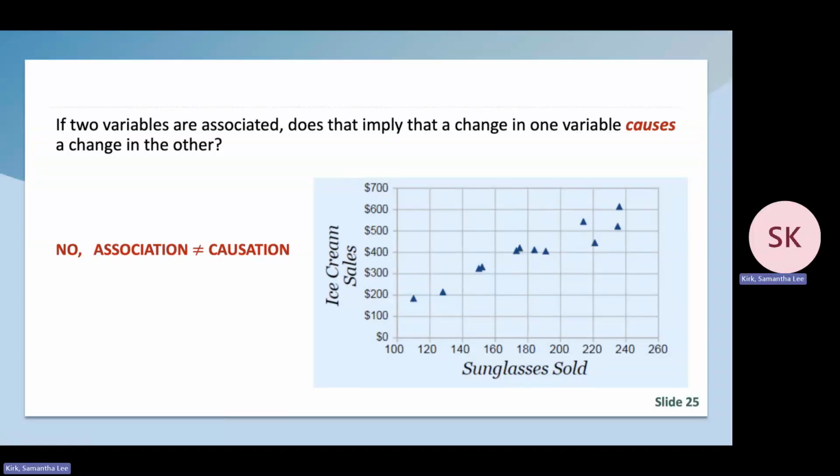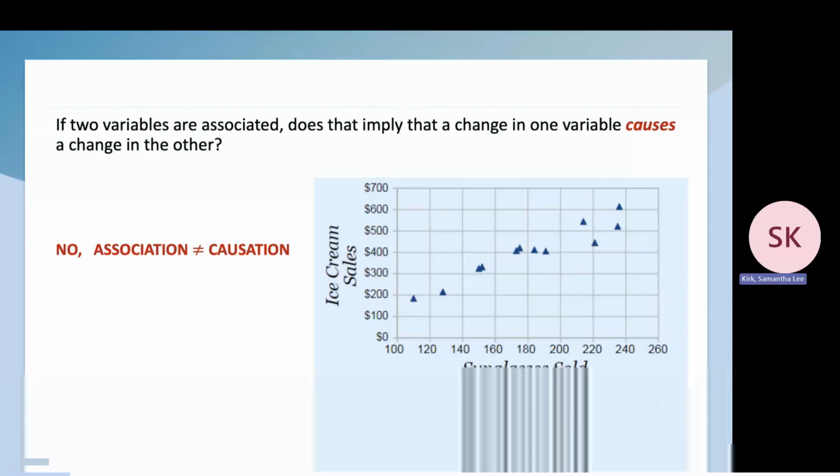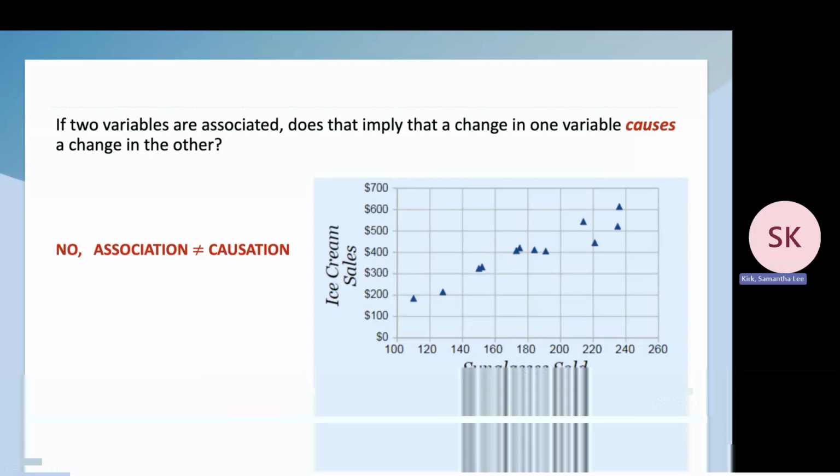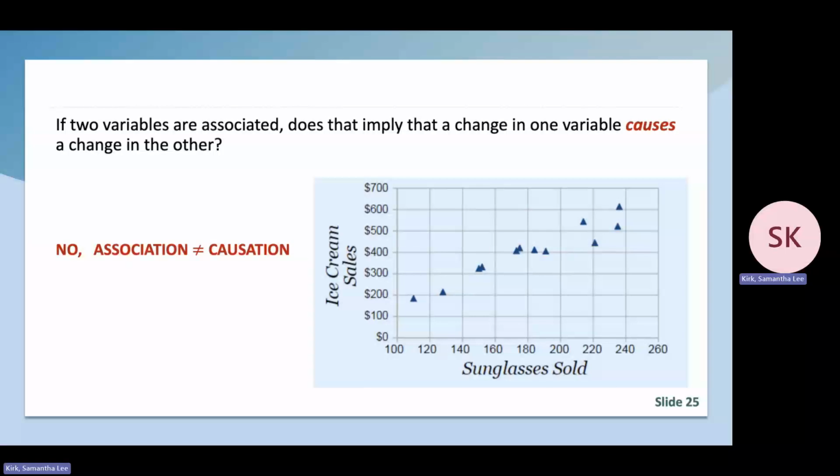So here I have a scatter plot of a store, and the x-axis is the number of sunglasses sold on a particular day, and the y-axis is the ice cream sales on a particular day. So for example, this first dot all the way on the left, on a particular day, they sold about 110 sunglasses and also about $200 worth of ice cream.